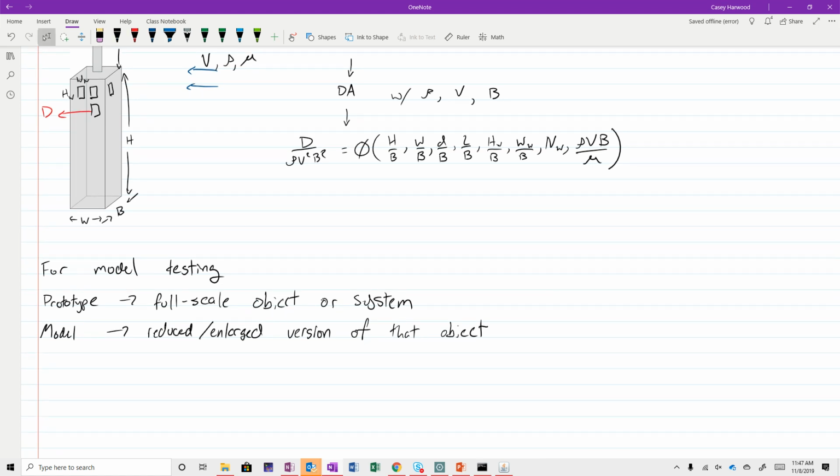And so the premise is we're saying, okay, we've got this dimensionless relationship: pi1 of the prototype is equal to phi of pi2 of the prototype, pi3 of the prototype, et cetera, all the way up to pi9 for the prototype.